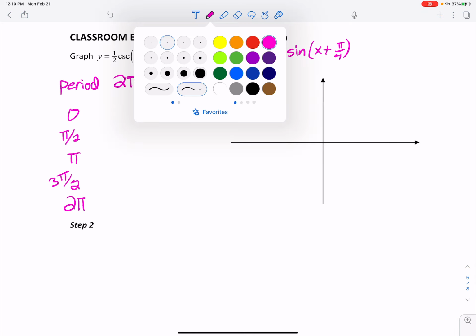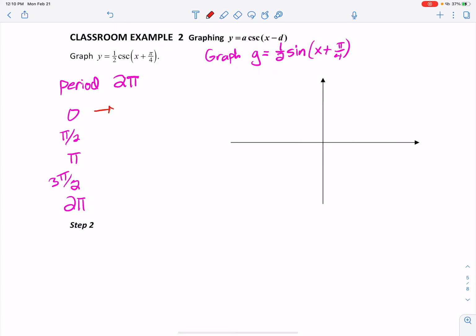And then this is where I figure out my shifts here. Which way does this shift, left or right? Left, because of the plus pi over 4, right? So to get my shift, if it's going to go left, I need to take all these values and subtract pi over 4 from them. These will tell me my new values. First one's nice and easy. Pi over 2 minus pi over 4 is just pi over 4.